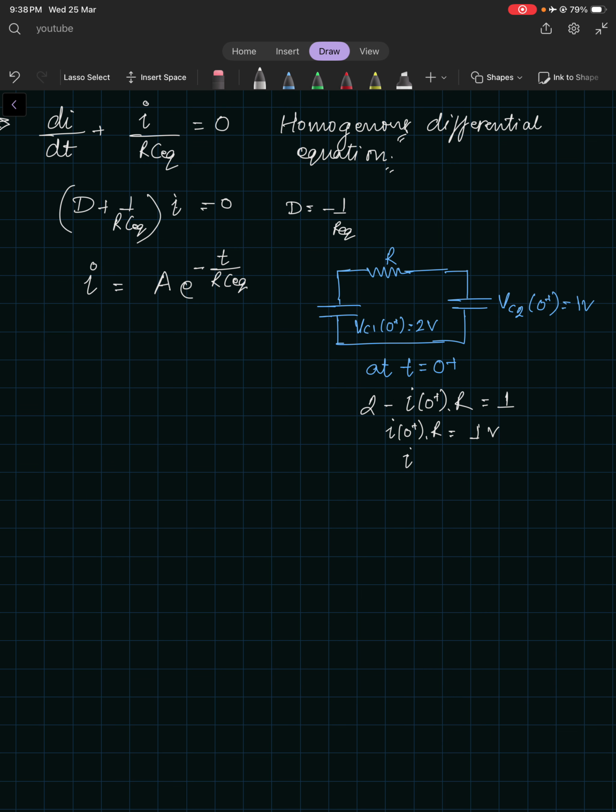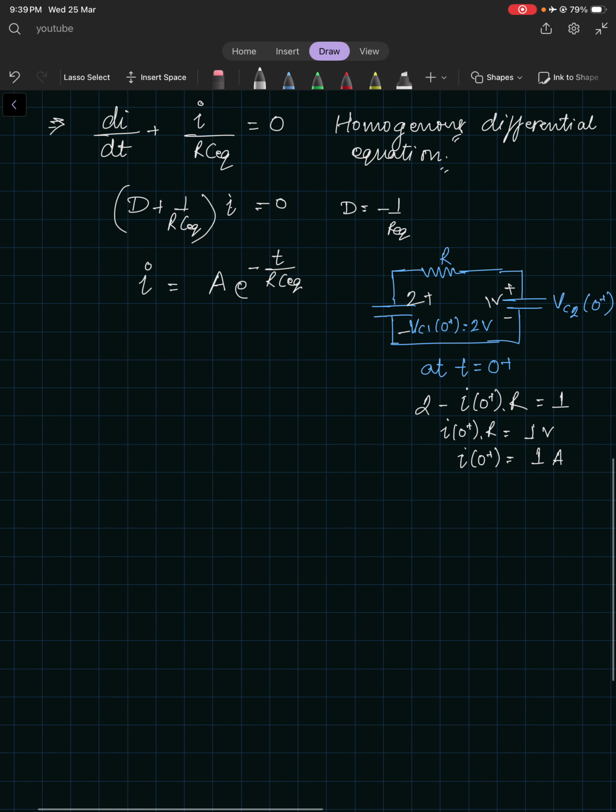So I of 0 plus is equal to 1 by R. Again R is equal to 1 ohm, so it will be 1 ampere, right? This was 2 volts, and this is 1 volt. 2 minus 1 is 1, by R is again 1 ampere. So now I of 0 plus is equal to 1.